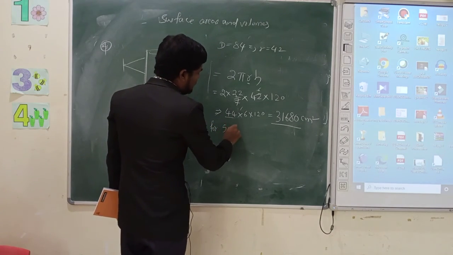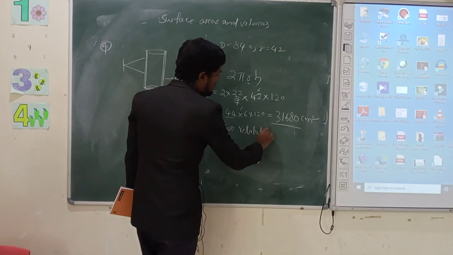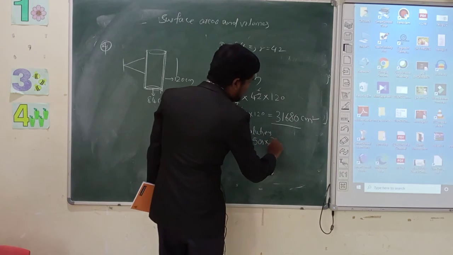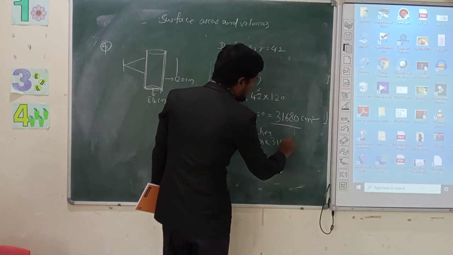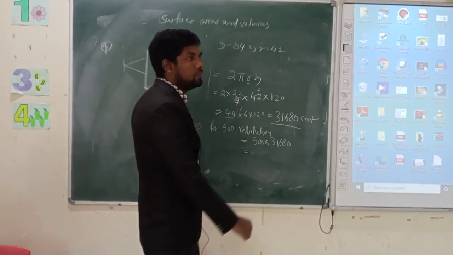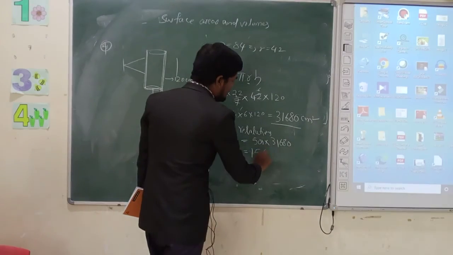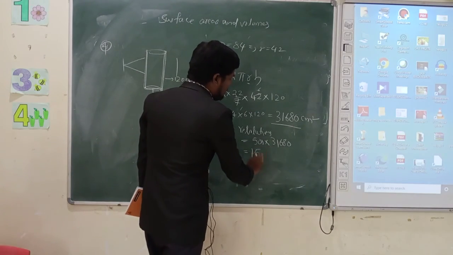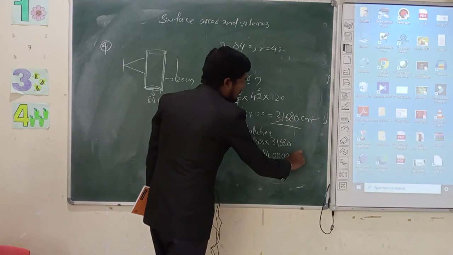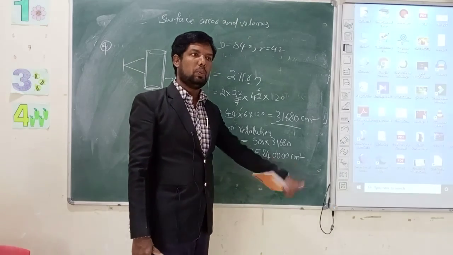So for 500 revolutions, it is 500 into 31,680. If you multiply, you get 15,840,000 centimeter square. We should convert it to meter square.